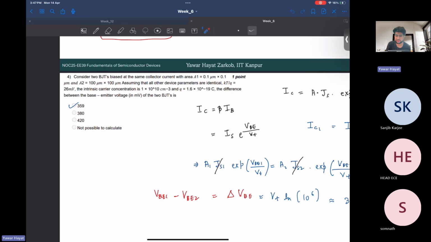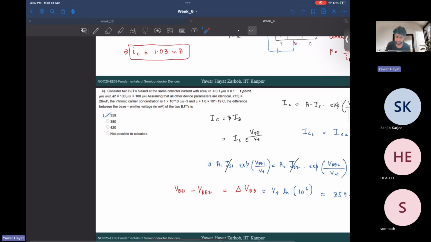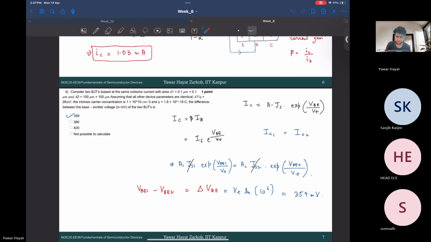Assuming that all the other device parameters are identical, kT/q is 26 millivolts, the intrinsic carrier concentration is 10 to the power 10 per centimeter cube, and q is 1.6 times 10 to the power minus 19 coulomb. What is the difference between the base-emitter voltages of the two BJTs in millivolts? This is what you're supposed to compute.